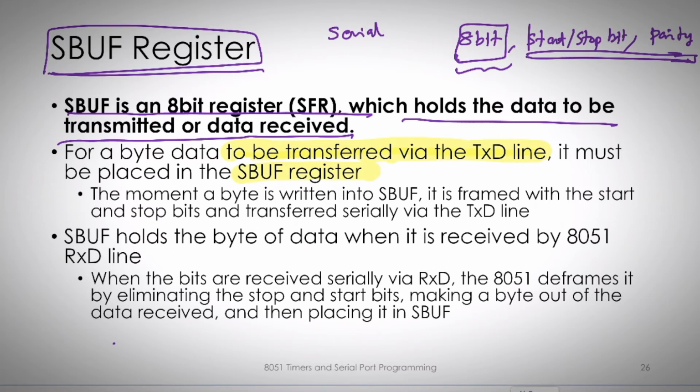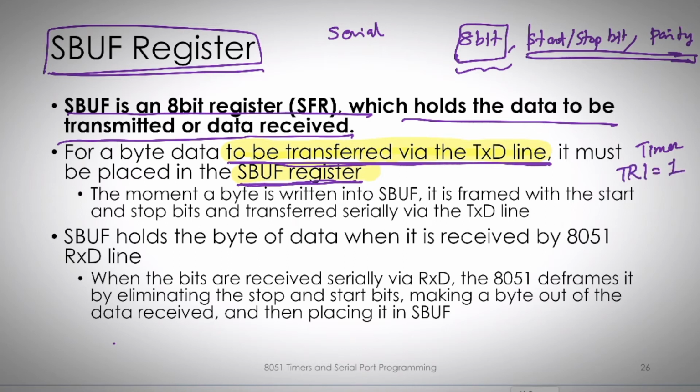So what you need to understand right now is, the moment data is kept in the SBUF register, it will be transferred via the TXD line, provided the timer responsible for the serial communication is already running. That means the TR bit is set.